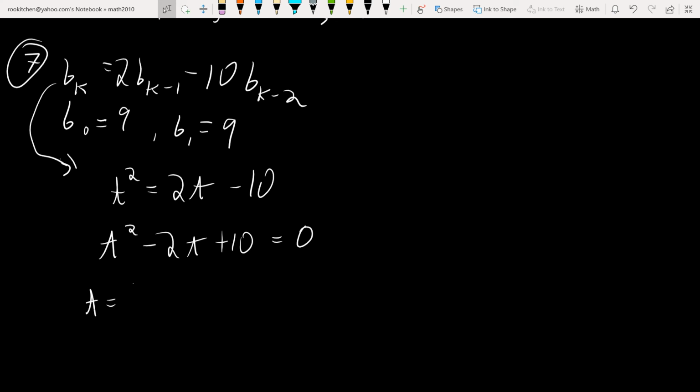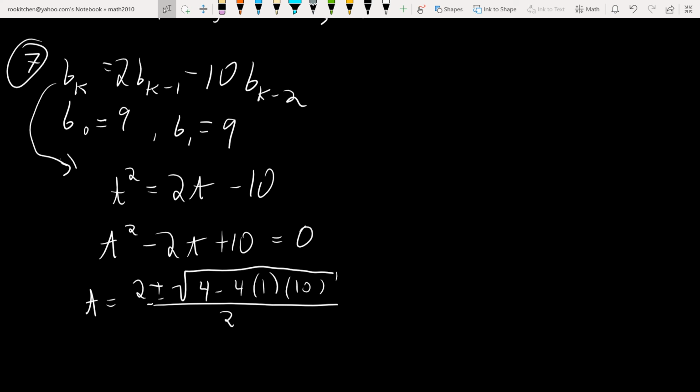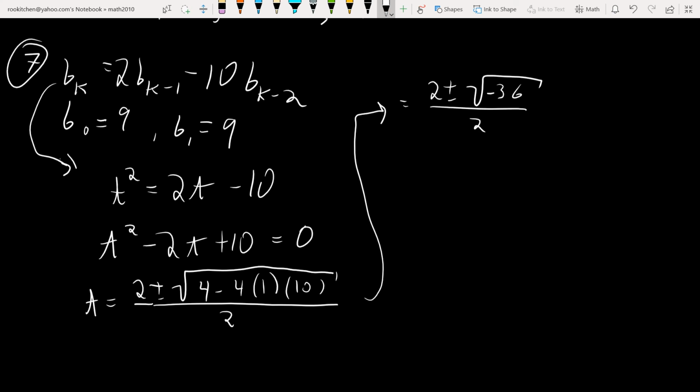So t equals 2 plus or minus the square root of b squared, which will be 4, minus 4 times a times c, all over 2 times a, which should just be 2. Then that will be equal to 2 plus or minus the square root of 4 minus 40, which is negative 36, all over 2. So that would be 2 plus or minus 6i all over 2. So our solutions are 1 plus or minus 3i.